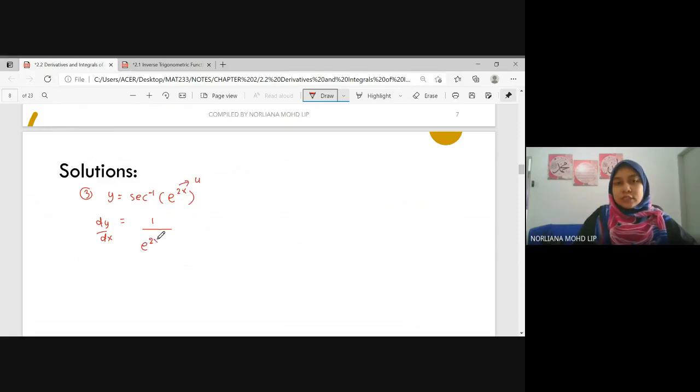So e to x over e to x square, square root of e to x square minus 1. And then we multiple with, we differentiate this function u. So we get 2 exponent 2x.